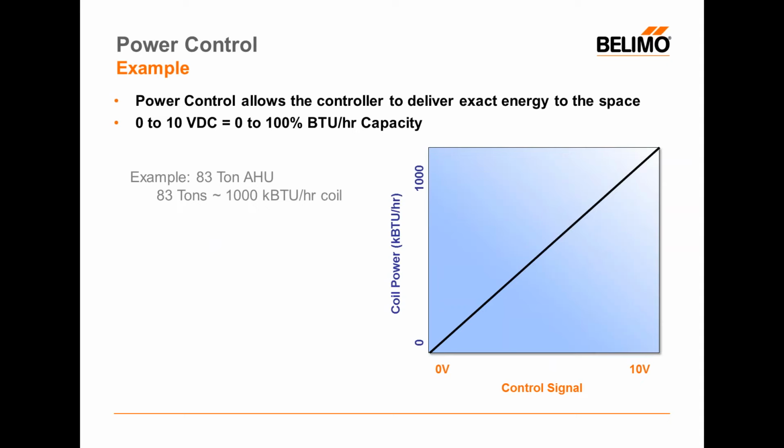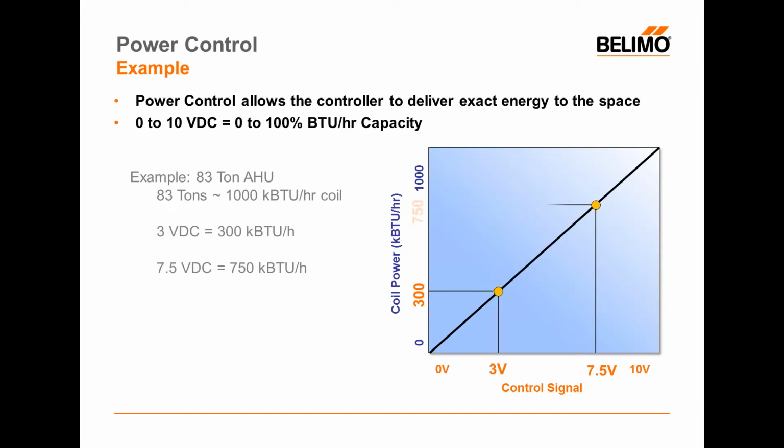Well, if I have this, it scales linearly, which means if I give it a 3-volt signal, I'm going to get 30% of 1,000, or 300 kBTU per hour, and 7.5 volts similarly would give me 3/4 of my allotted amount, 750 kBTUH. So power control simplifies everything. It makes the control logic ultra simple.